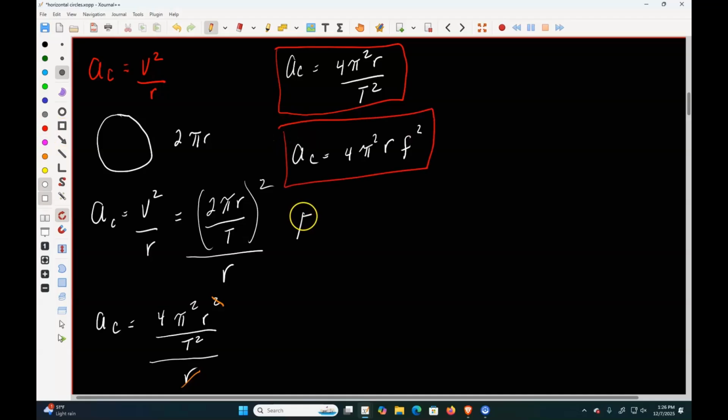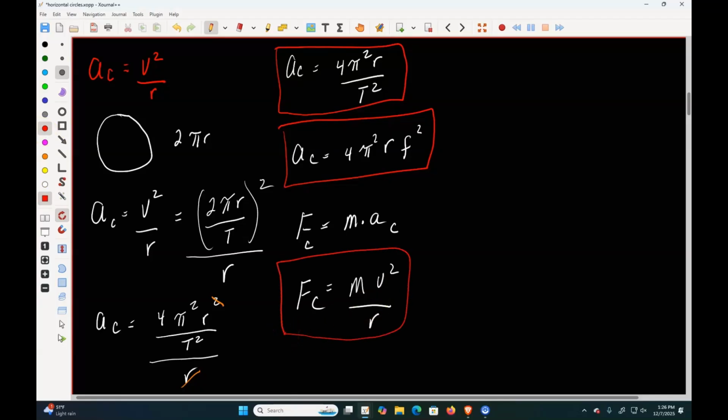We also know that force is equal to mass times acceleration. Well, if I use centripetal acceleration, then I can say that the centripetal force is equal to mass times, using the equation above for acceleration, velocity squared over radius. Another very important formula.